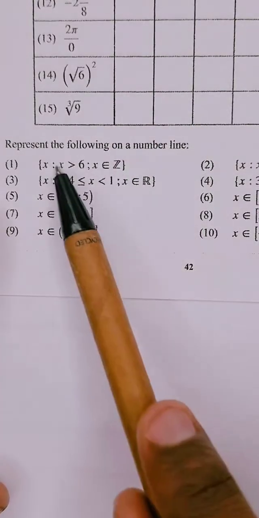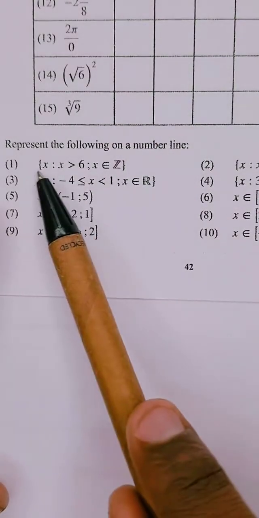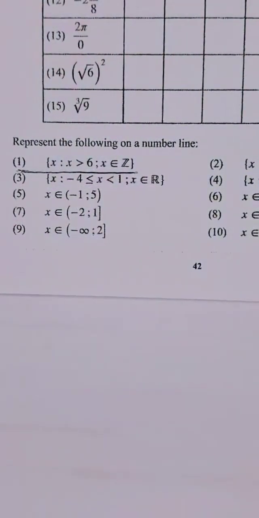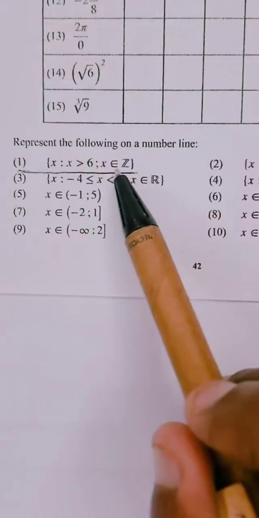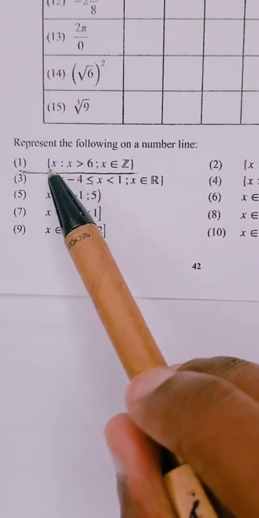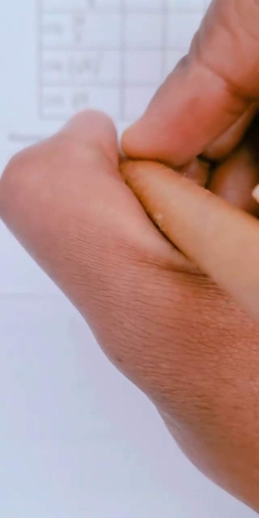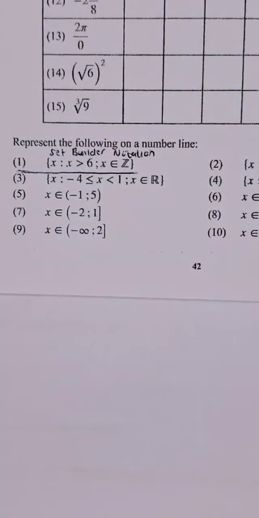Okay, right, guys, I'm just touching on a few things here. If they say represent the following on a number line, let's look at this. Do we know how to represent this on a number line, guys? Are we all clear about how we represent x? We read this as what we call set builder notation. Okay, we all know how to represent that on a number line.